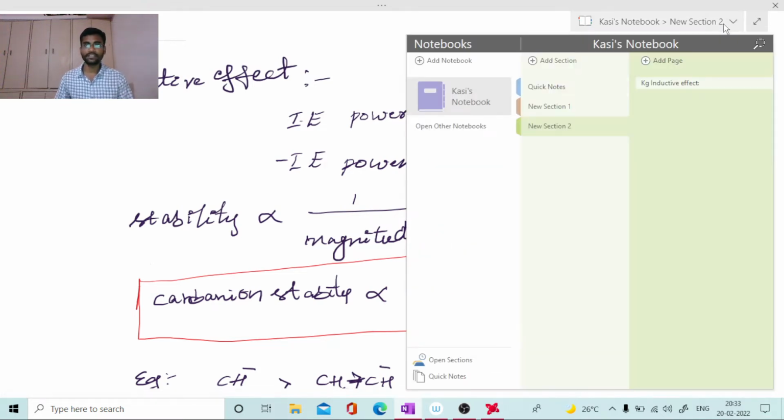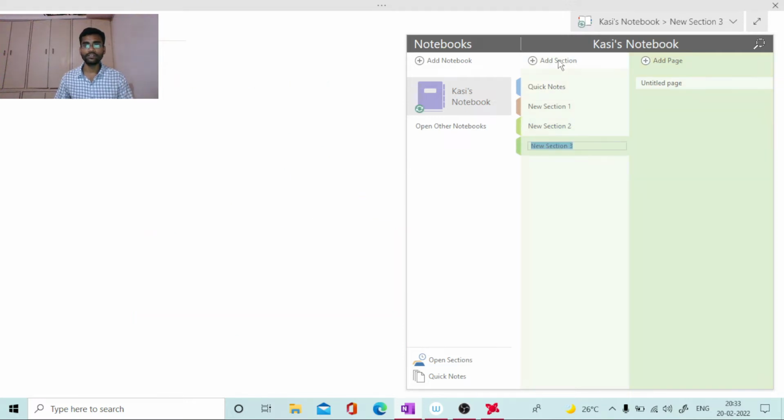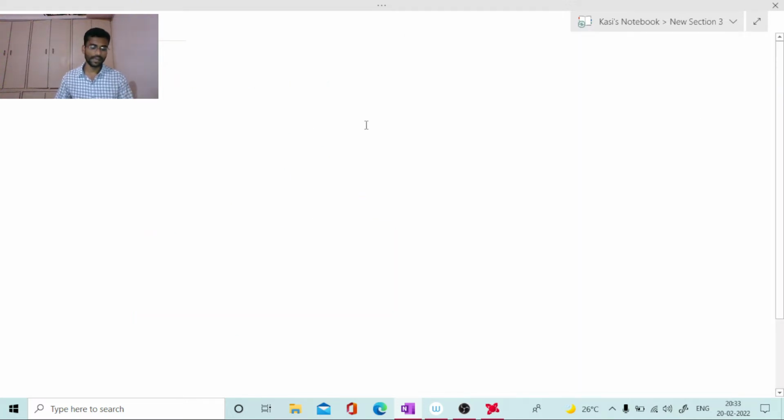Next one is allyl and benzyl carbanion. These allyl and benzyl carbanions can be explained by the resonance effect.